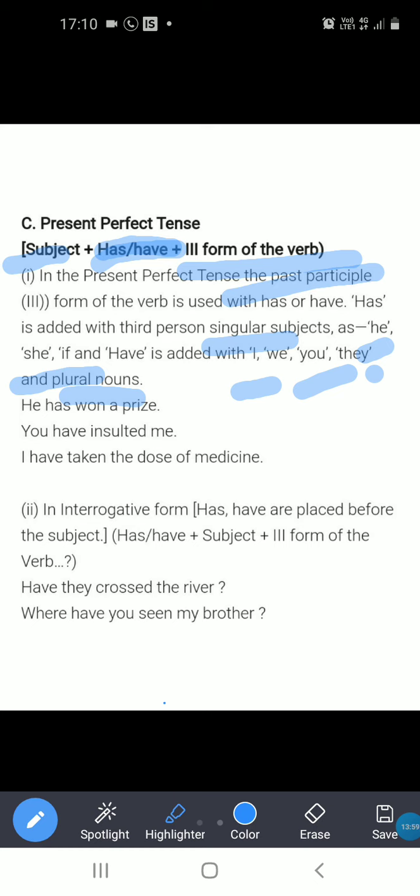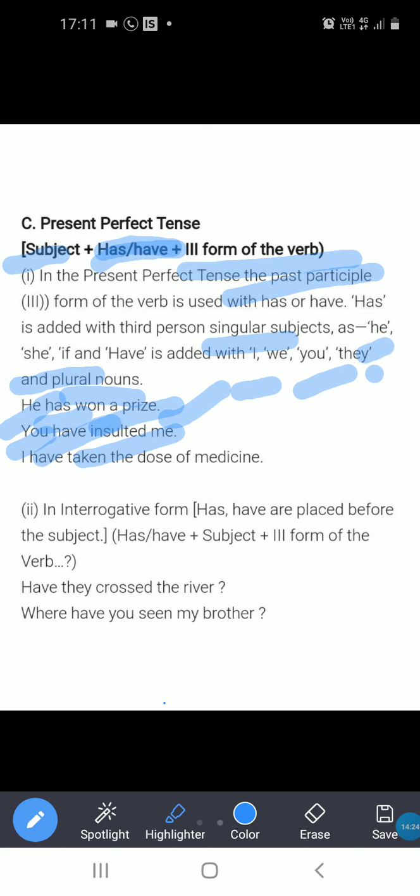And see, examples are given here. He has won a prize. He is a singular subject, so here they have used has. He has won a prize. Won is the past participle form of win. Win, won, won. Then you is plural, so they have used have. You have insulted me.